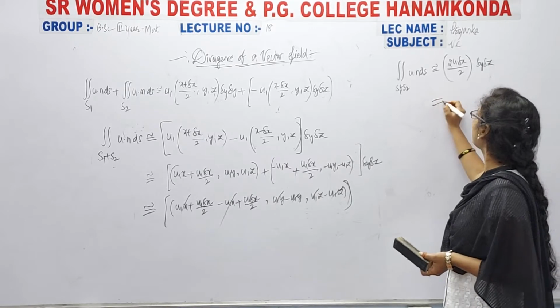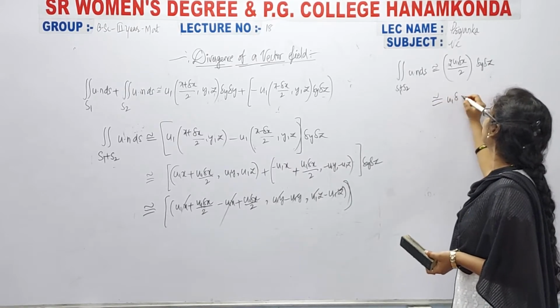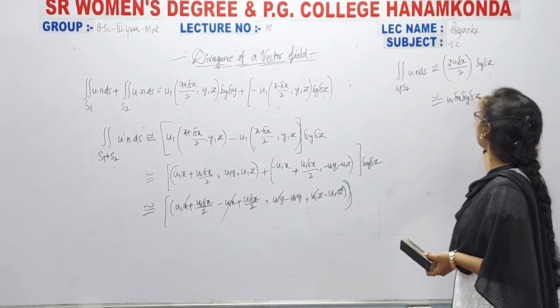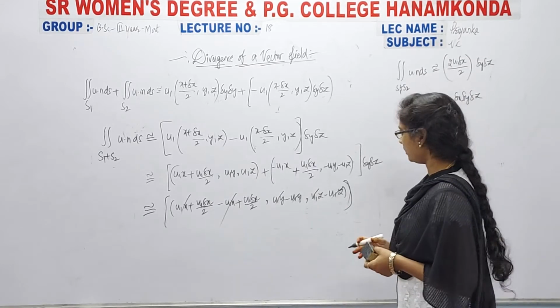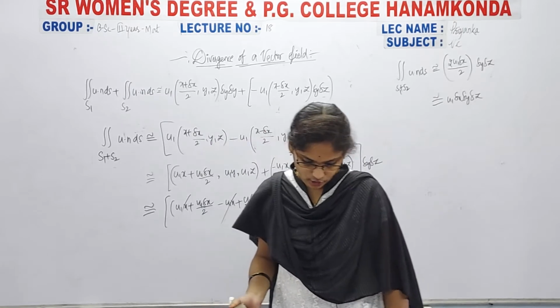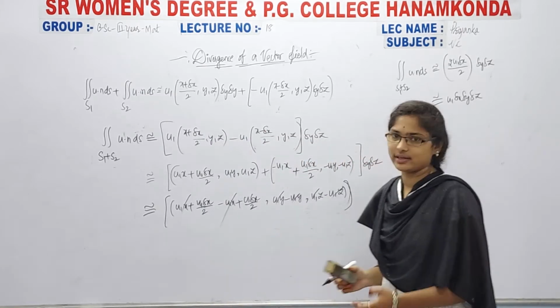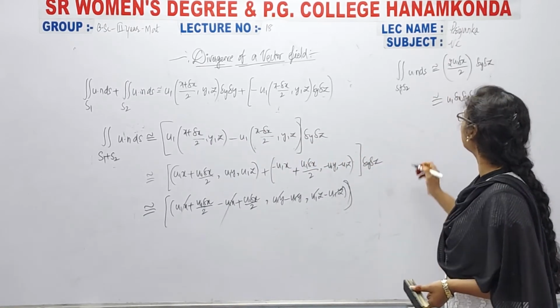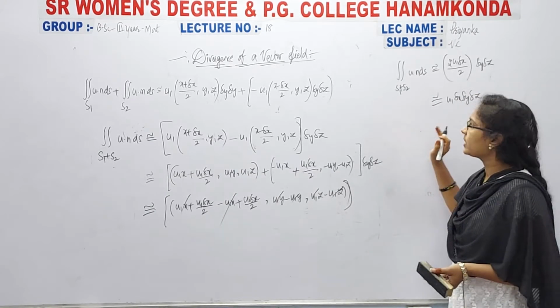So approximately it is equal to u1 delta x delta y delta z. Here they are taking it in terms of differentiation.